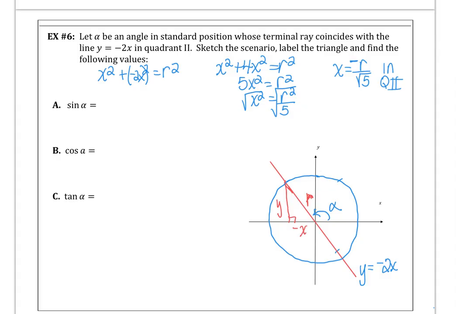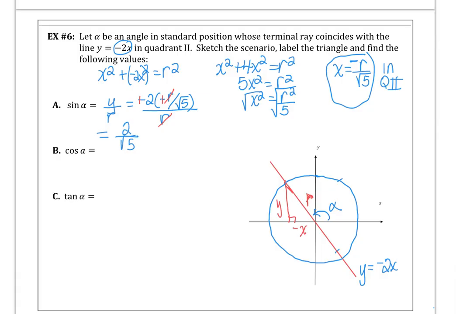So y over hypotenuse, but they told us y is negative 2x. And then what did we know about x? x is negative r over the square root of 5, and we're dividing by r. So the r's are going to cancel out, and 2 over the square root of 5 would be our value for the sine function. So 2 over radical 5.